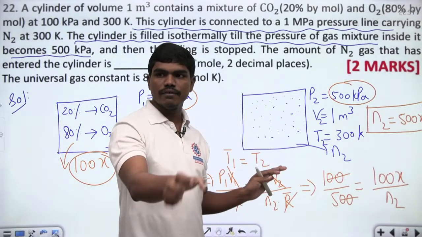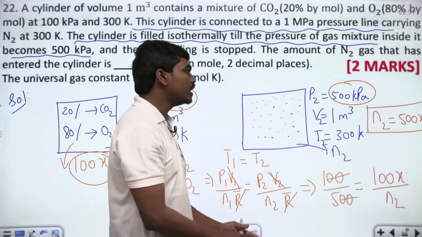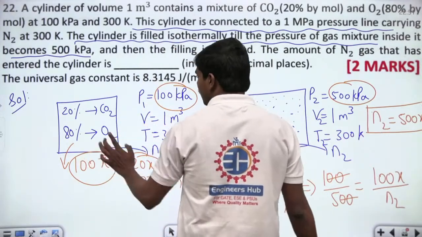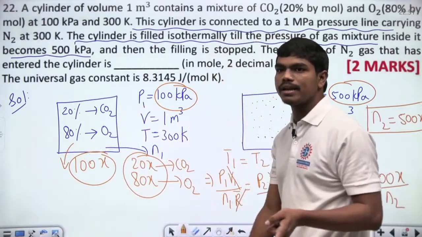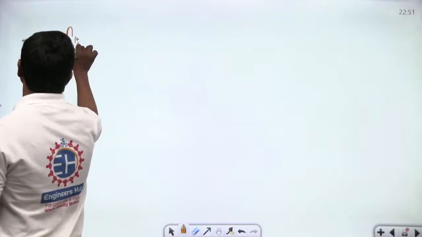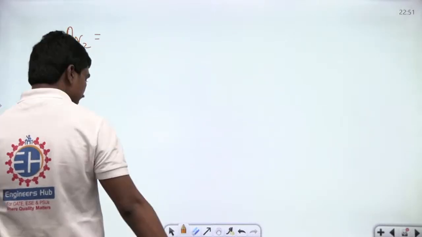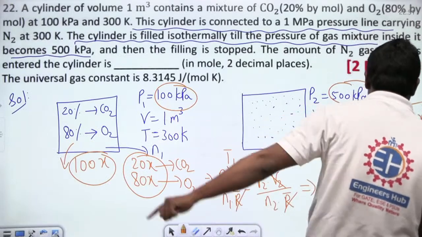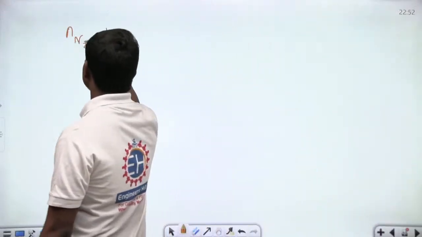Whatever is existing, we just added some more. Correct? So the difference between N2 and N1 is the number of moles of nitrogen that came in. Yes or no? The number of moles of nitrogen that came inside is the difference between the final and initial number of moles, 500x minus 100x, which is 400 times X.